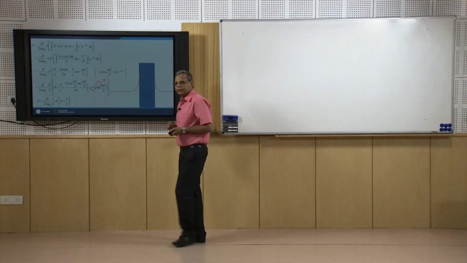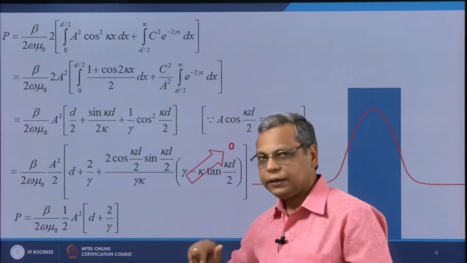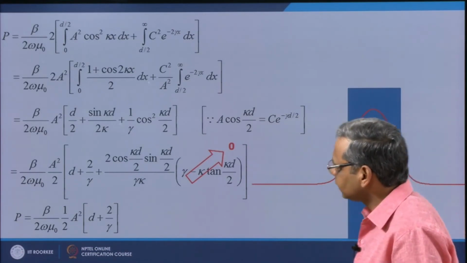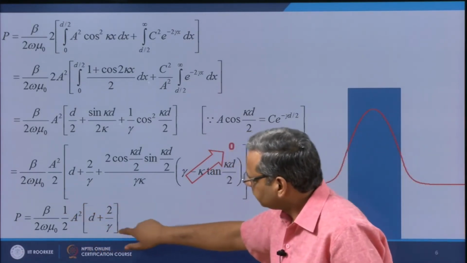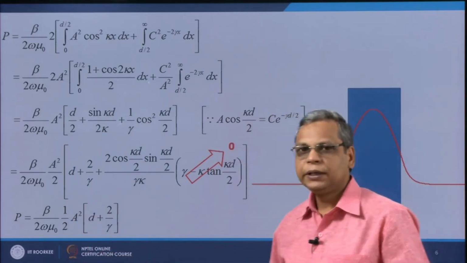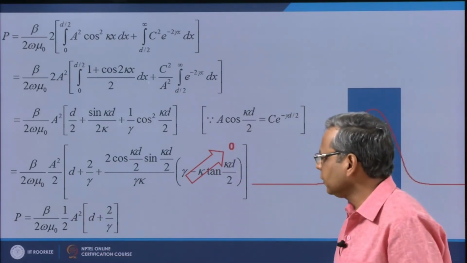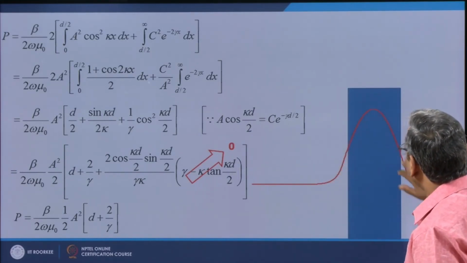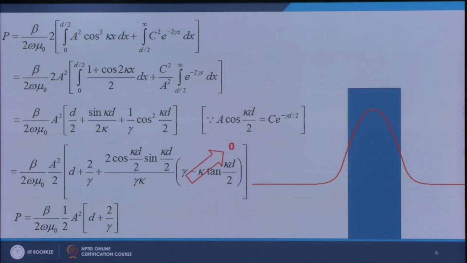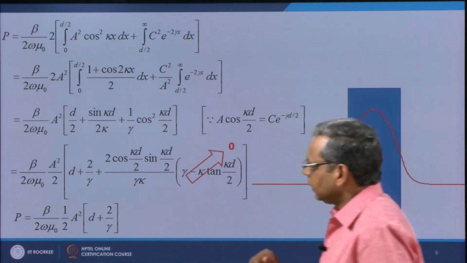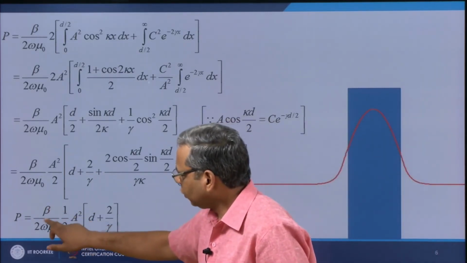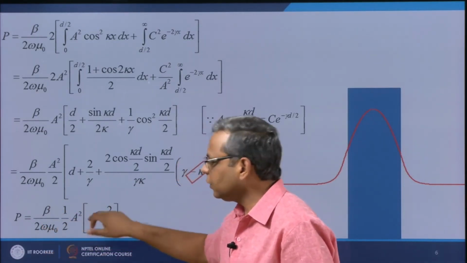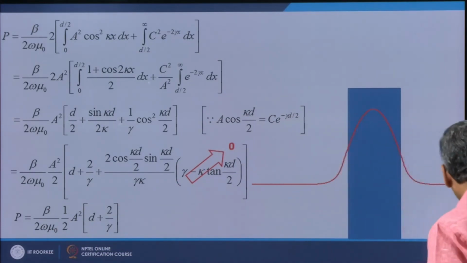I can remember it in a very interesting way, and it is interesting to see that this term comes out to be the area of the triangle under this curve. So, how? You see that P is equal to beta over 2 omega mu naught times the integral of E y square of x dx.